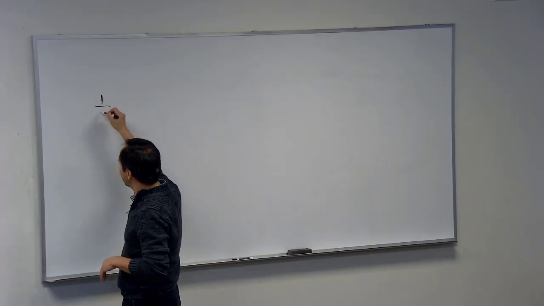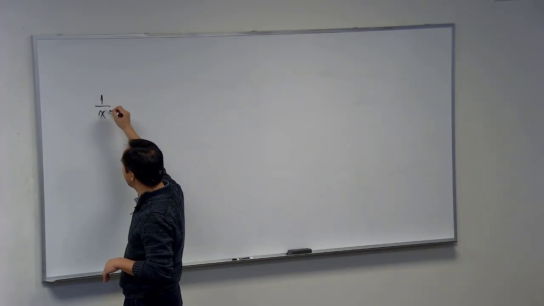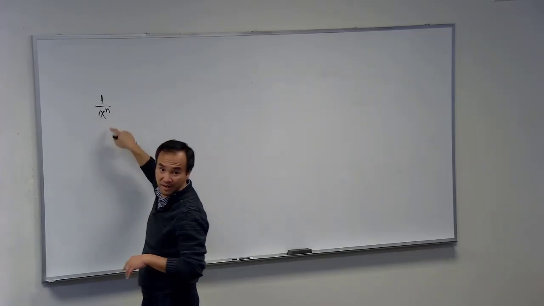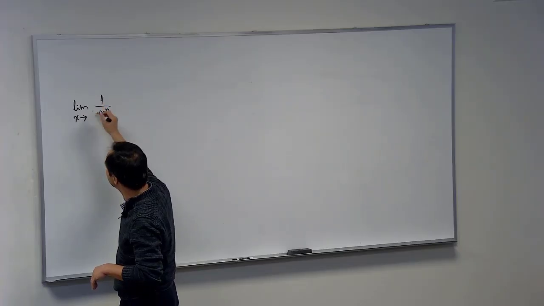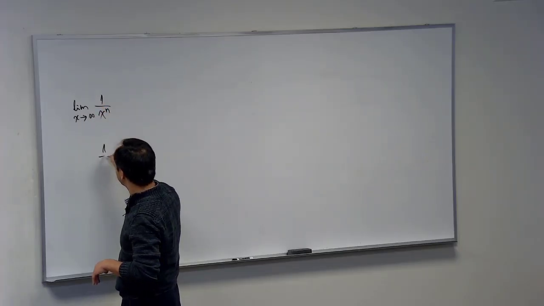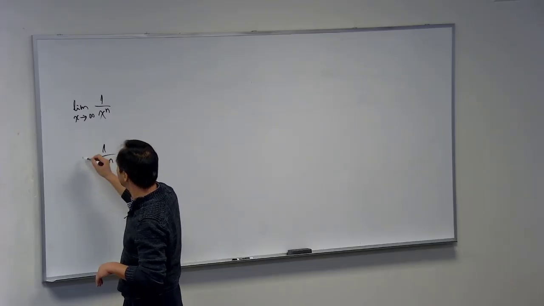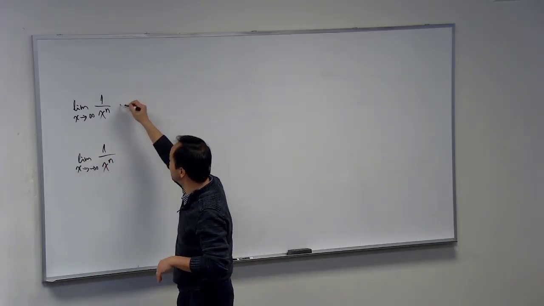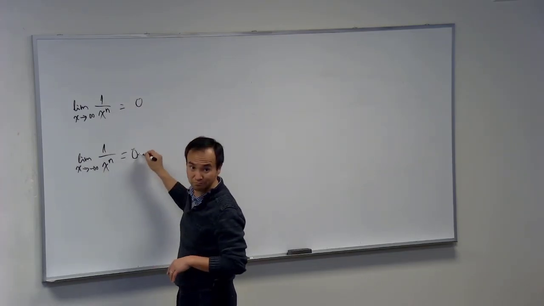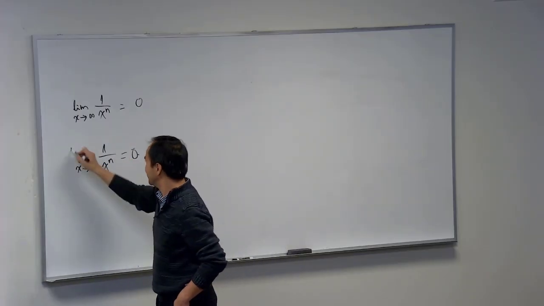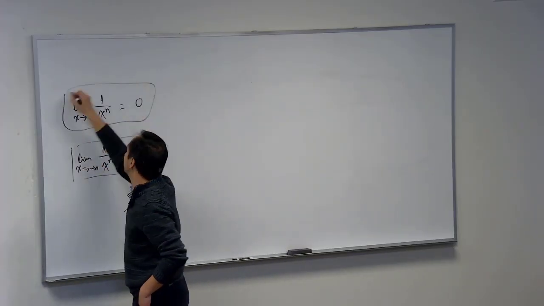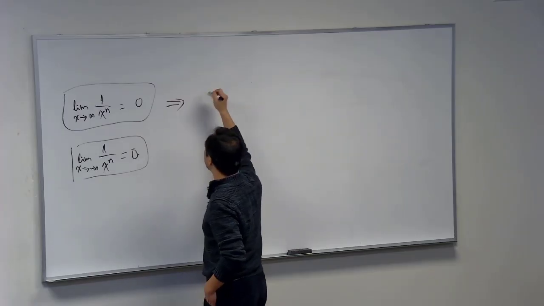We have already discovered that when it's 1 over a power of x, and we take the limit as x goes to infinity, or 1 over a power of x where x goes to negative infinity, any one of these will turn to 0. And we have proven that successfully. So we can kind of extend. So these two right here, we have some extension.